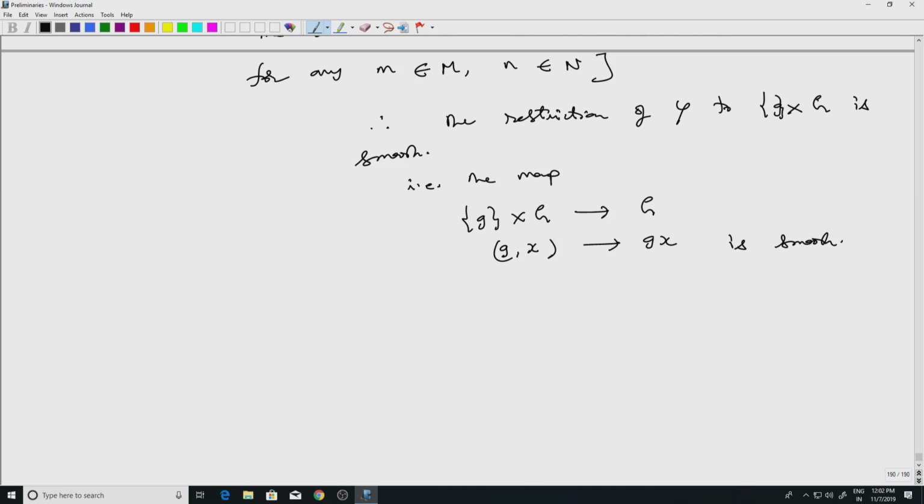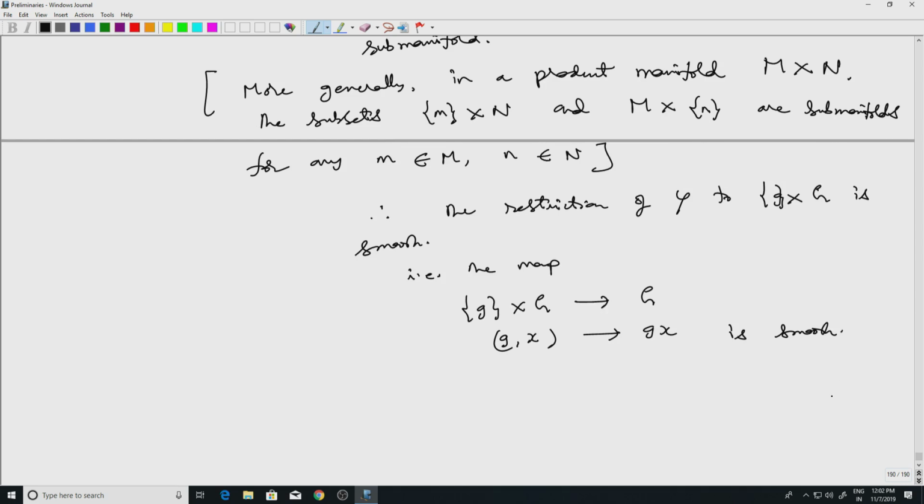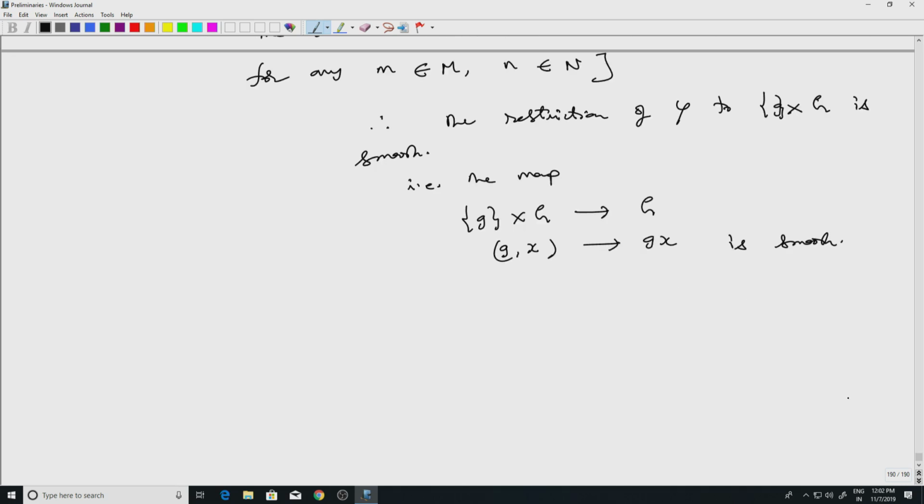Then all we have to do is observe that actually we are interested in just G, not this {g} cross G, but that's the same as G. Finally note that the map from G to G cross G given by x going to (g,x) is smooth. This we had seen earlier.